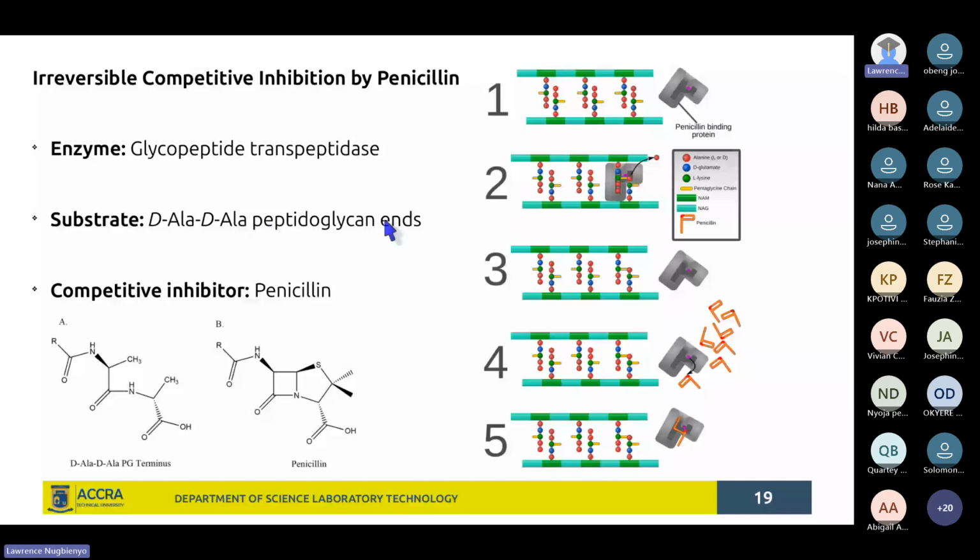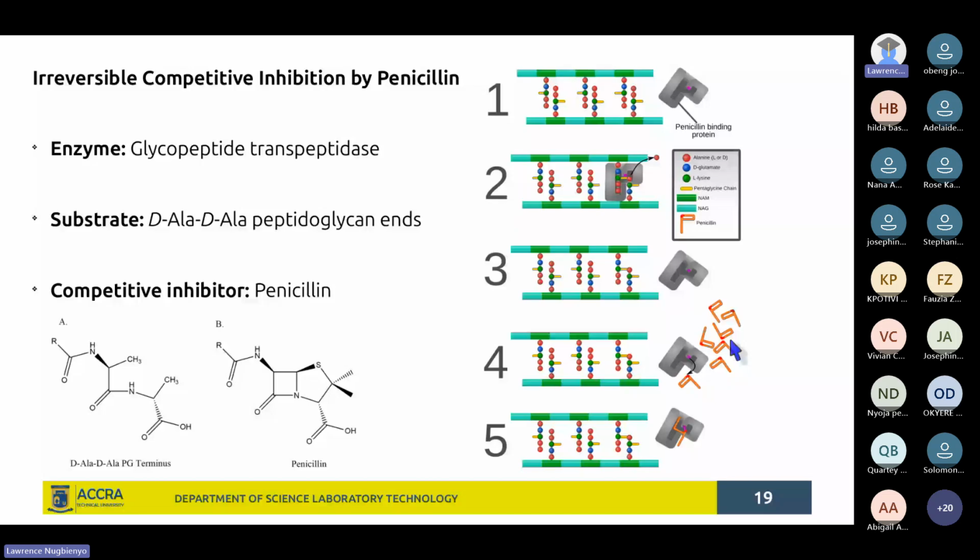In other words, penicillin is a structural analog of those peptides that get cross-linked in the biosynthesis of the peptidoglycan. And so you see penicillin being represented with these structures, which are like, is it 6 or 9?